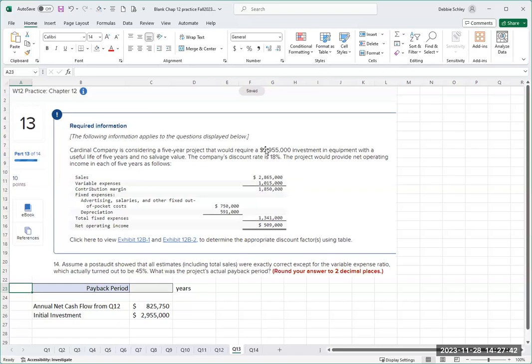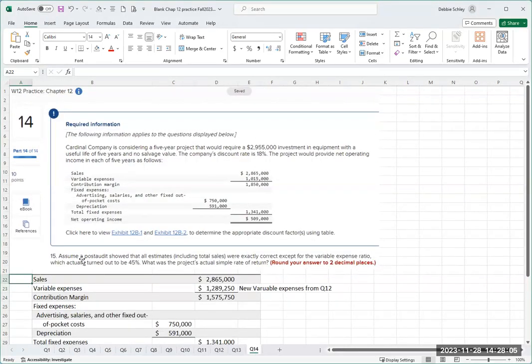And this is my initial investment. And so payback is going to be equal to the initial investment divided by the annual net cash flow. So I get a payback period of 3.58 years. Okay.